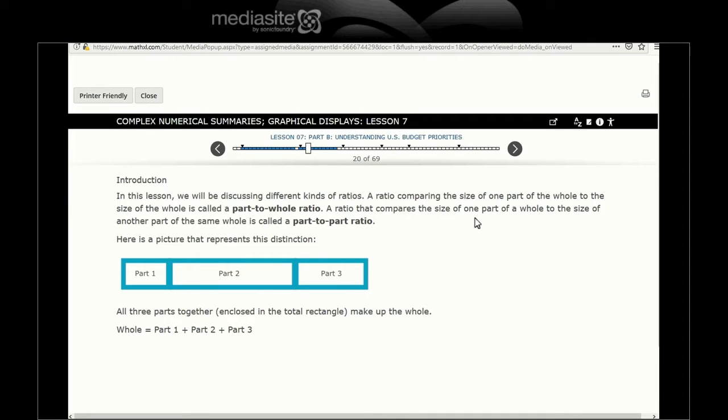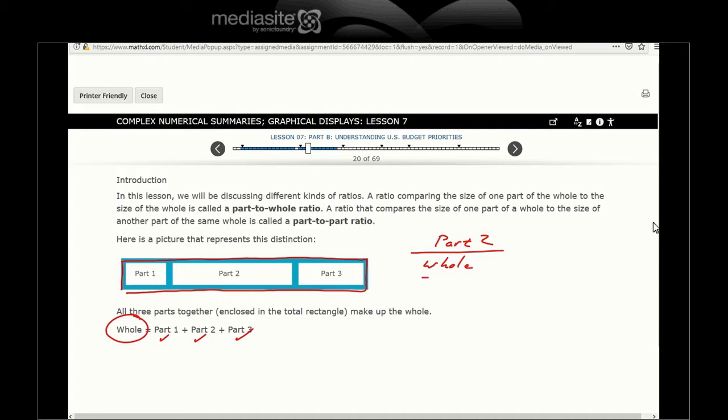Okay, so basically a ratio or a percentage is going to be looking at the whole, which is part 1 plus part 2 plus part 3 equals the whole. So anytime we do a comparison of part to whole, let's go with part 2 over the whole.